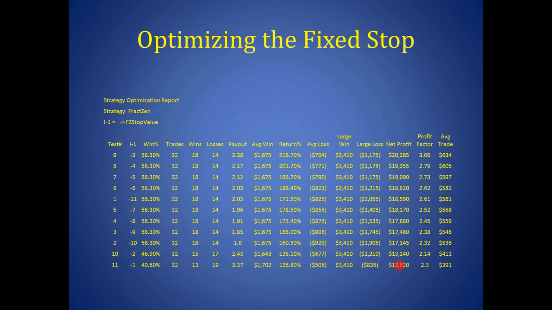So we've lost 70% of our profit by not having the optimum stop. And what this tells us here is that this number -3, whatever that equates to in the code, is the best stop loss. And if you use the stop loss that -3 refers to, that will give you the best results.